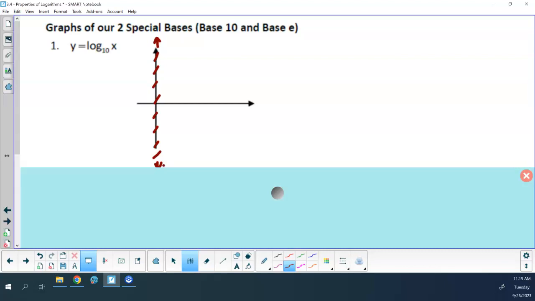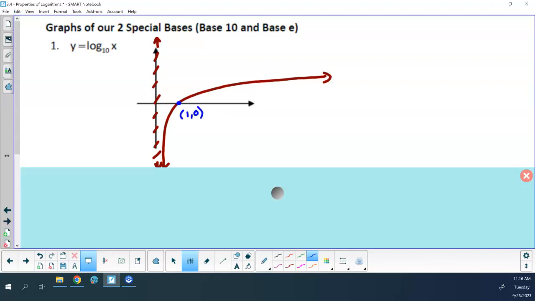We're still going to start close to our asymptote, and then we're going to expand out, and out. If I wanted to find some points that we go through and label those, we would go through the point 1, 0.